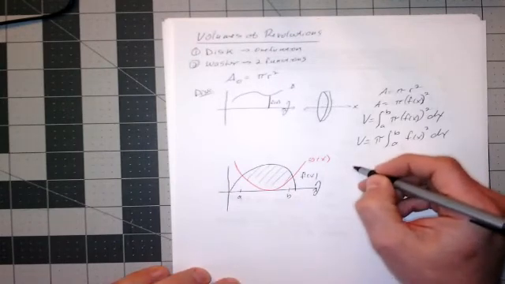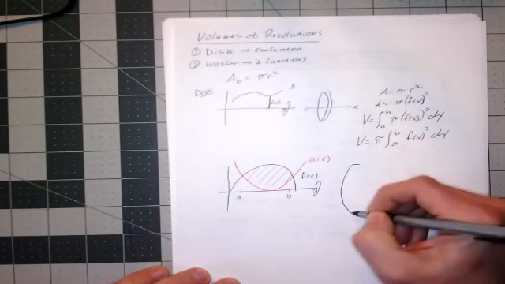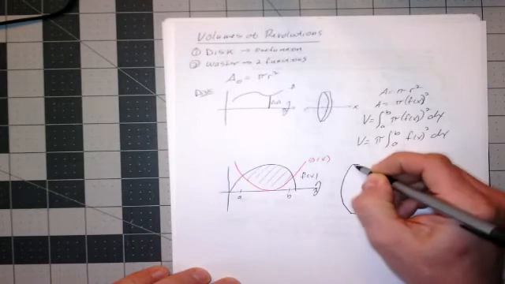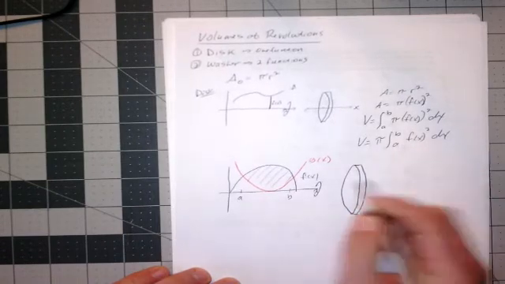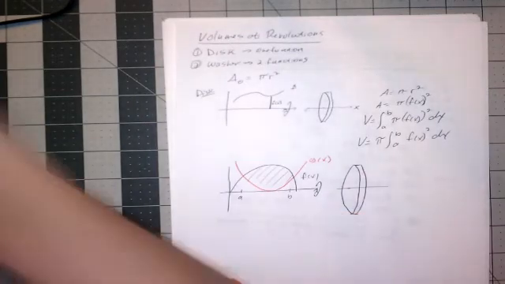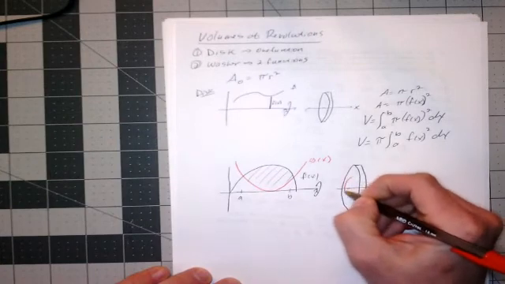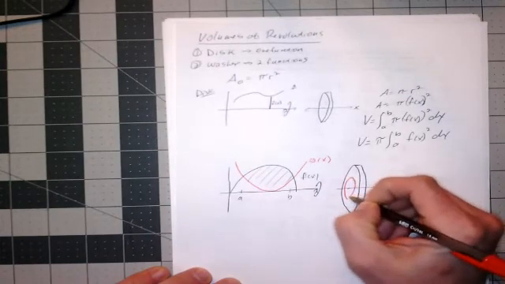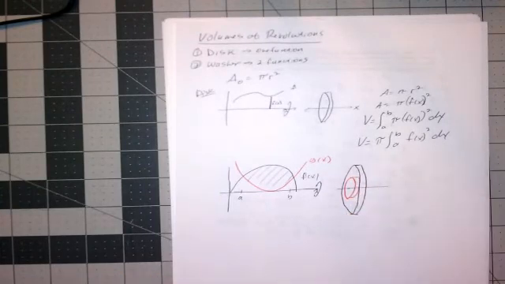You're going to end up with basically one disk that looks like this. This will be my graph of f. Okay, but then when you rotate g around, you get another guy in the middle. It's kind of hard to do with two dimensions like that.